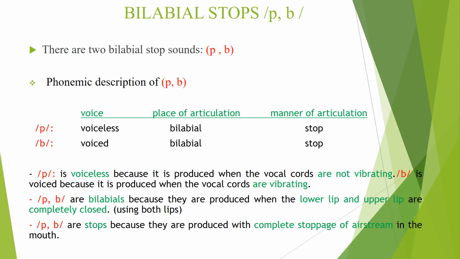In the production of P and B, we use both lips, upper and lower. P and B are stop consonants because they are produced with a complete stoppage of airstream in the mouth or the vocal tract.